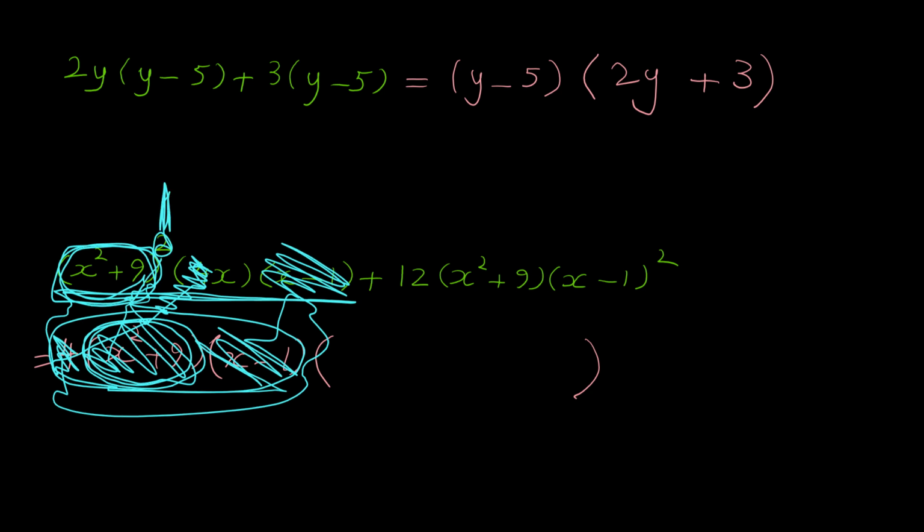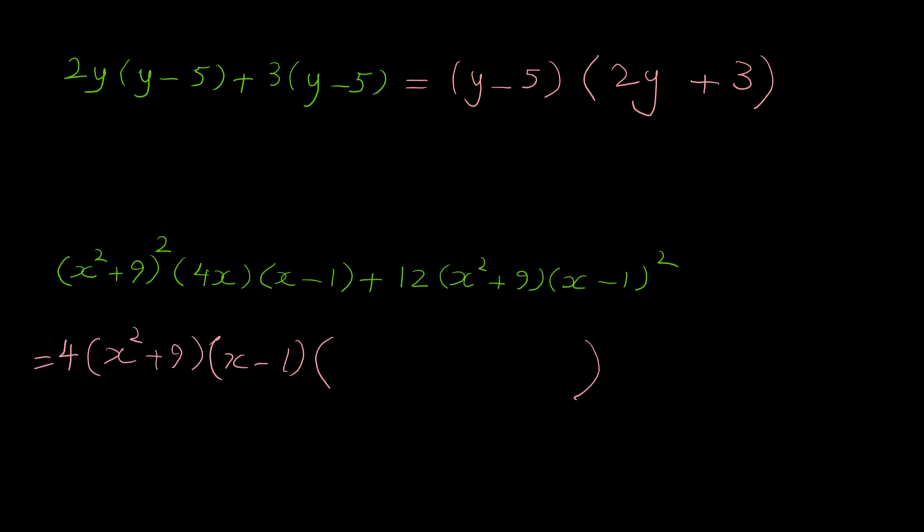Now look at this. What is remaining here? x to the 2 plus 9 to the 1 and x. So in the bracket we have to write x to the 2 plus 9 times x. But please pay attention. When you want to write this expression here, you can write it in the form of x times x to the 2 plus 9.